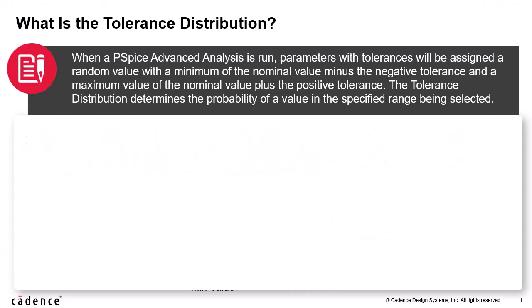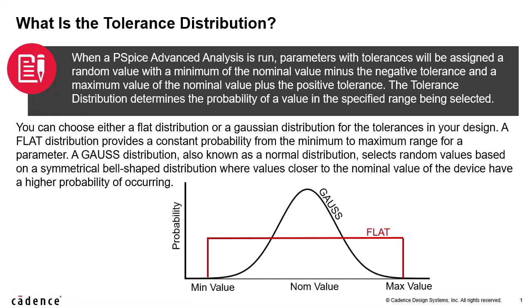When a PSpice Advanced Analysis is run, parameters with tolerances will be assigned a random value with a minimum of the nominal value minus the negative tolerance and a maximum value of the nominal value plus the positive tolerance. The tolerance distribution determines the probability of a value in the specified range being selected.